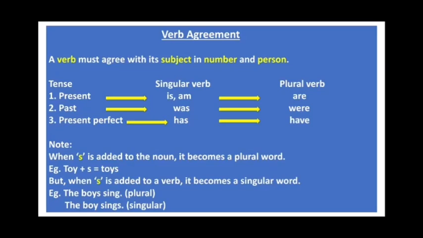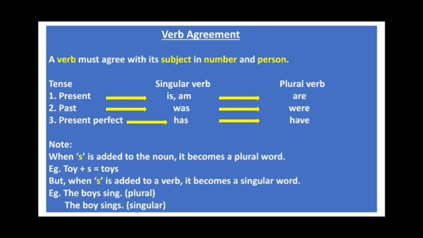In the present perfect tense, we have has that can be used as a singular verb and have in the plural verb. So children, we have something that you need to remember while doing verb agreement.